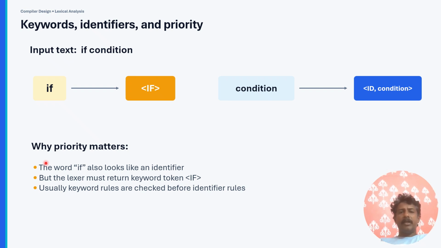Usually keywords are checked before the general identifier rule. Another method is to first match identifiers and then check the keyword table. The main point is this: when two patterns match the same string, lexers need clear rules to decide the correct token.